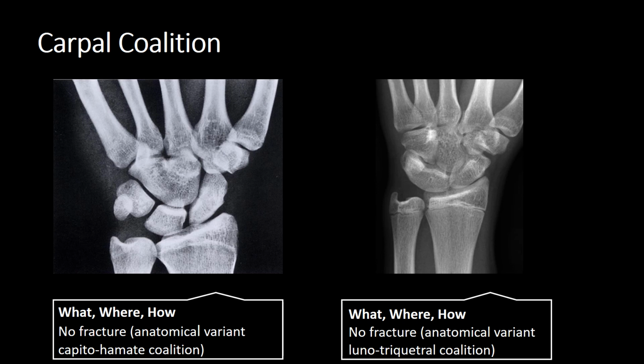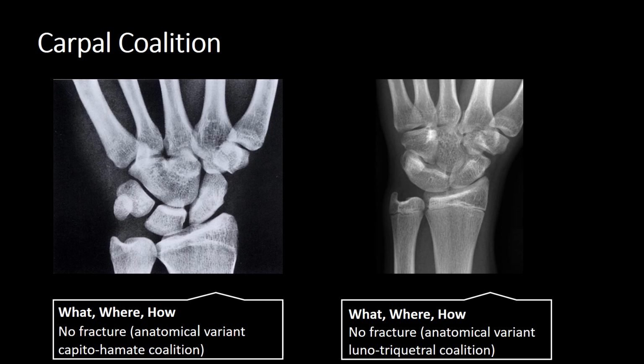With the capito-hamate coalition, the coalition has occurred within the distal row, and with the lunotriquetral coalition, this has occurred within the proximal row. These are to be considered a normal anatomical variation.